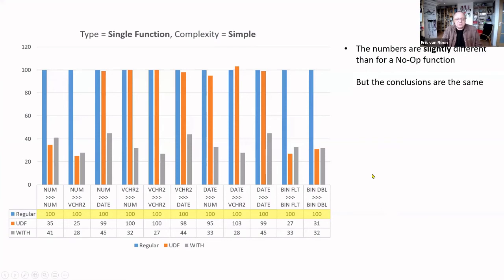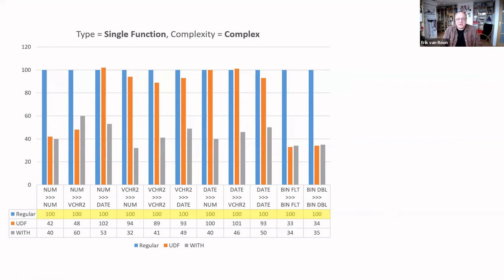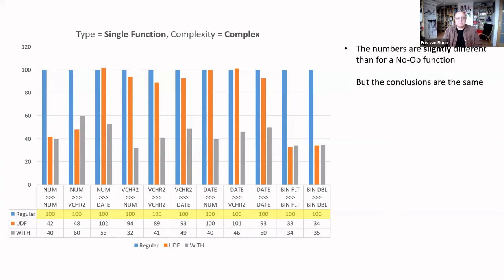Numbers are a little different, but overall you see the same results. Now if we go to a complex function, again, basically the same results. Numbers are a little different, but basically same results.